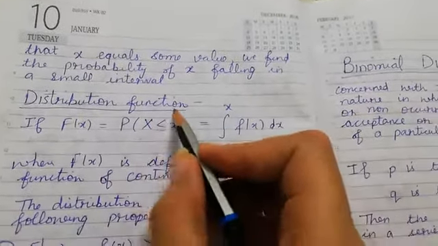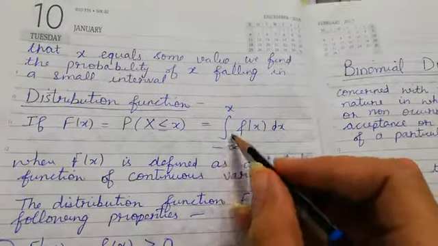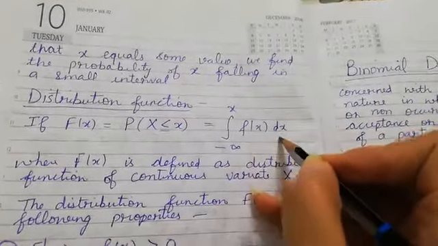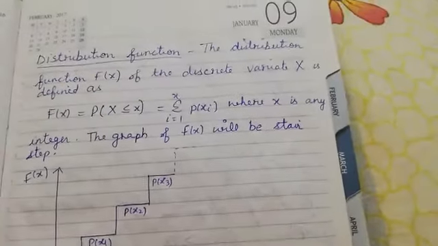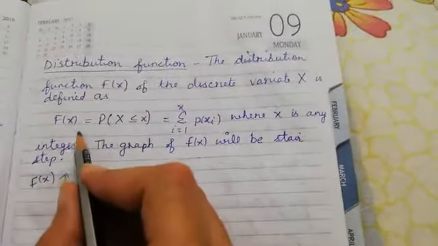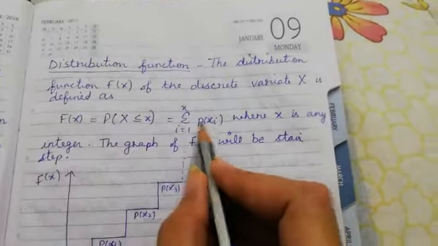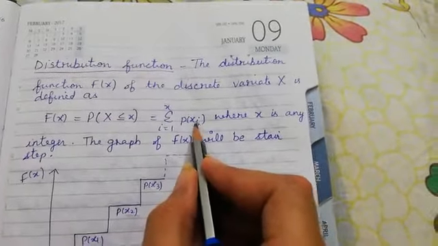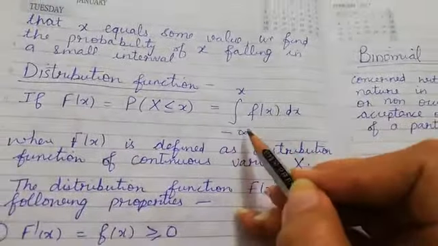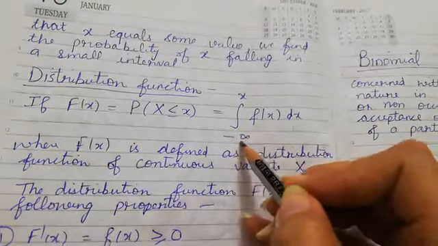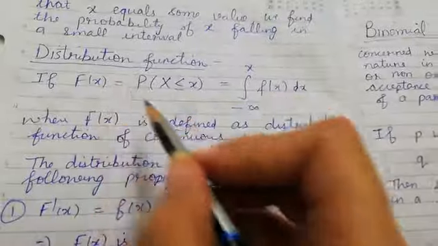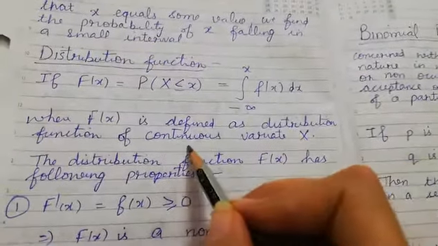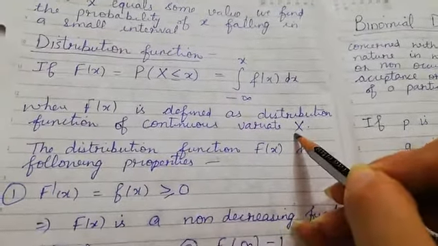Okay, in this case the distribution function is the integration from minus infinity to x of f of x dx, right? In case of the discrete probability distribution, the distribution function was the summation of all the probabilities, because they were discrete points. Here we have an interval, so the distribution function is the integration from minus infinity to x of f of x dx, where this capital F of x is defined as the distribution function of the continuous variate capital X, right?